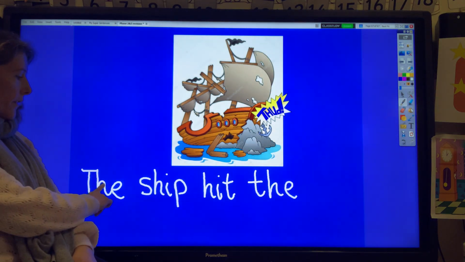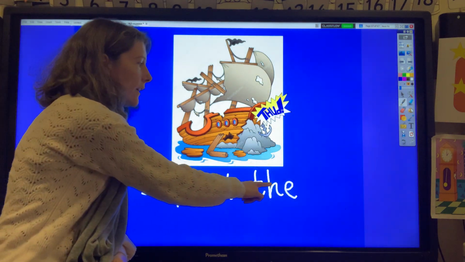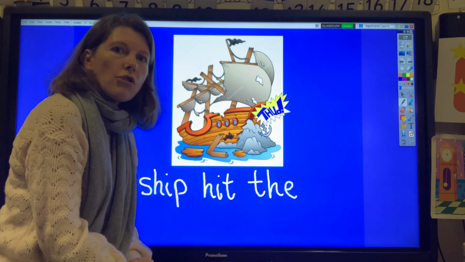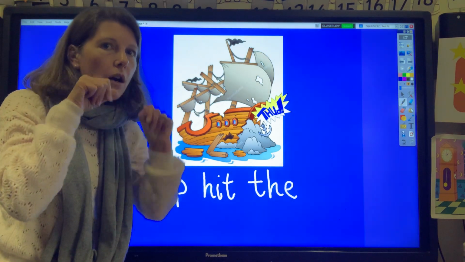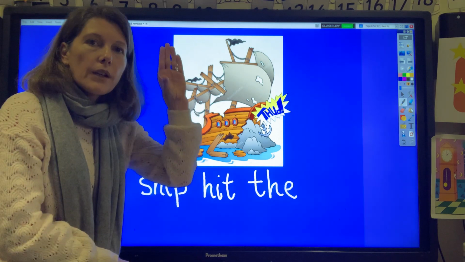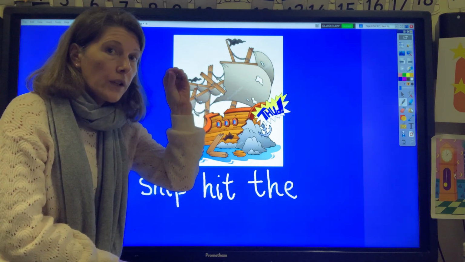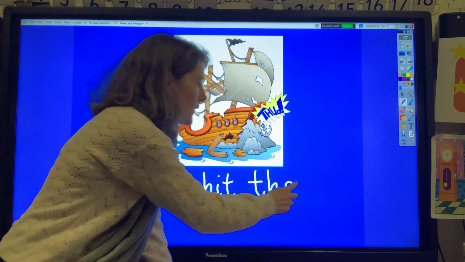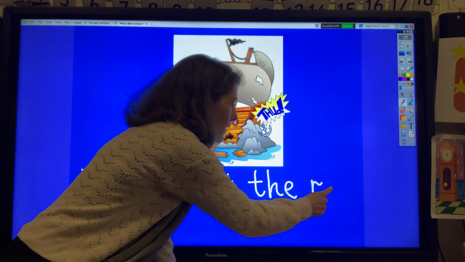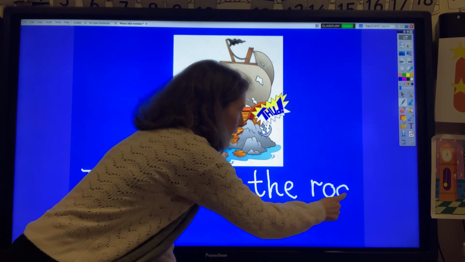So let's see. The ship hit the rocks. So o, ck, digraph ck, s, rocks.